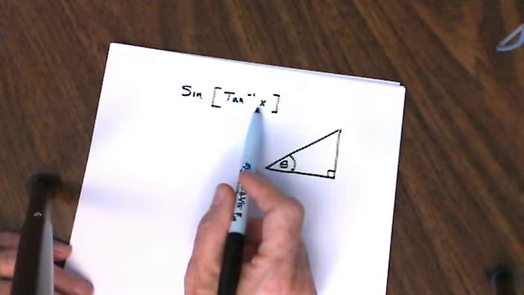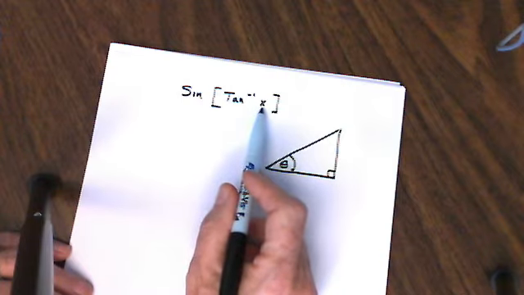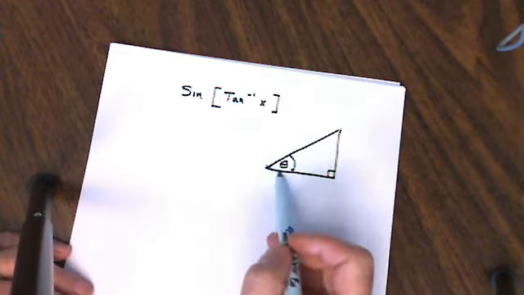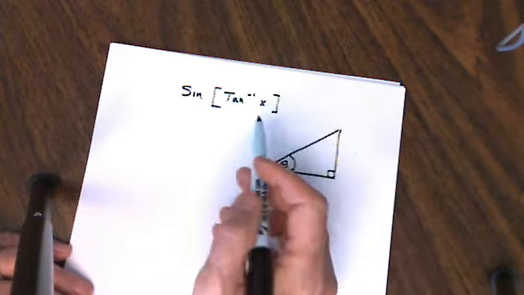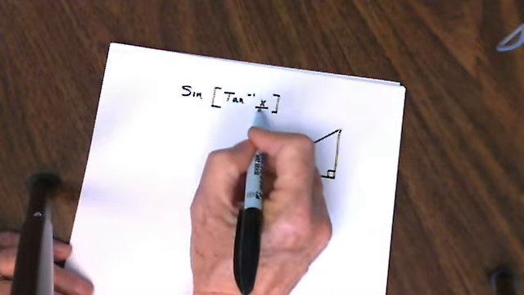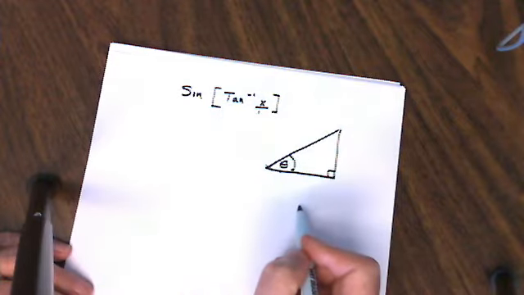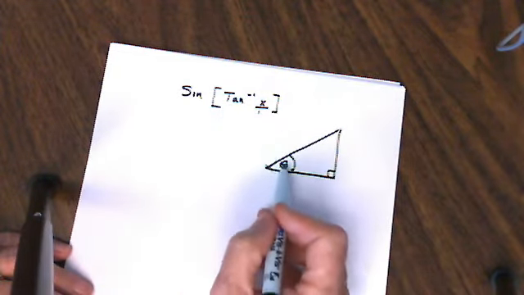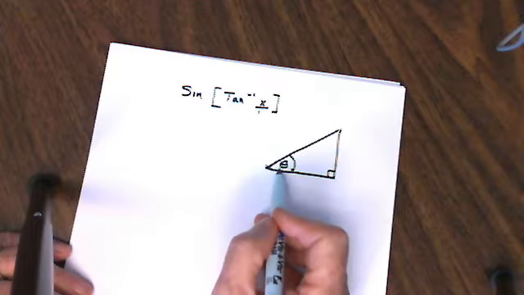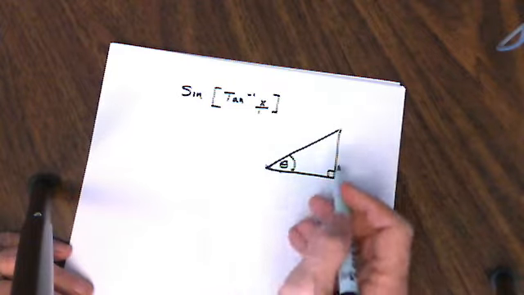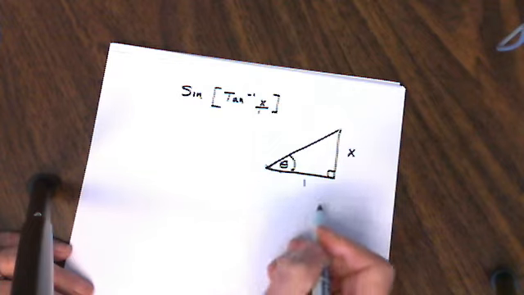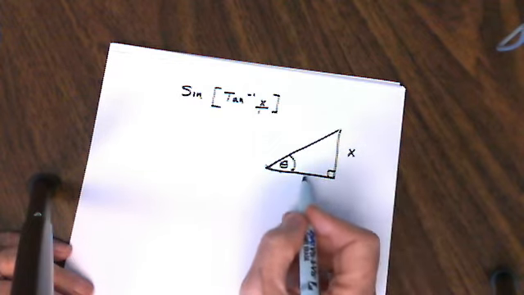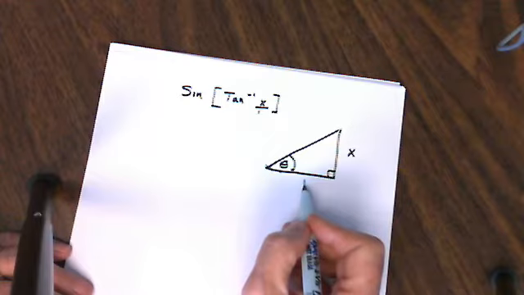I'm going to say x stands for some positive number here whenever I see it in these problems. And I'm going to use again my right triangle to help me out in this particular problem. I'm going to say this is actually a ratio, x over 1. Now, here's the angle that produced that ratio. And since tangent is opposite over adjacent, I'm labeling my triangle x for the side opposite and 1 for the side adjacent.